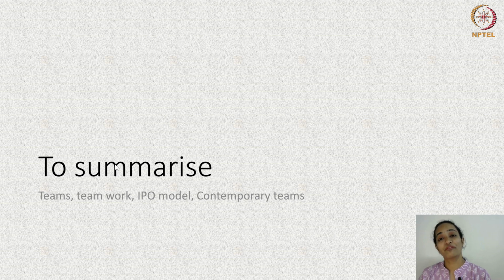Therefore, we have different models which help us understand team functioning, and out of these models, we have selected the Input-Process-Output model to help us break down team functioning into inputs, processes and states, and outputs. Finally, we looked at what are real teams and how we can differentiate real teams from pseudo teams.